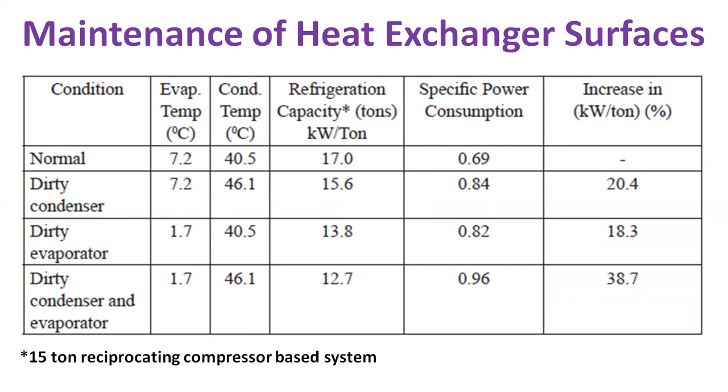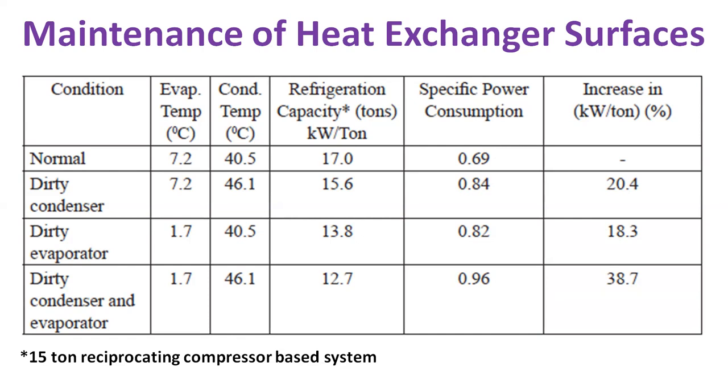Fouled condenser tubes force the compressor to work harder to attain a desired capacity. For example, a 0.8 mm scale buildup on condenser tubes can increase energy consumption by as much as 35%. Similarly, fouled evaporators result in increased power consumption.